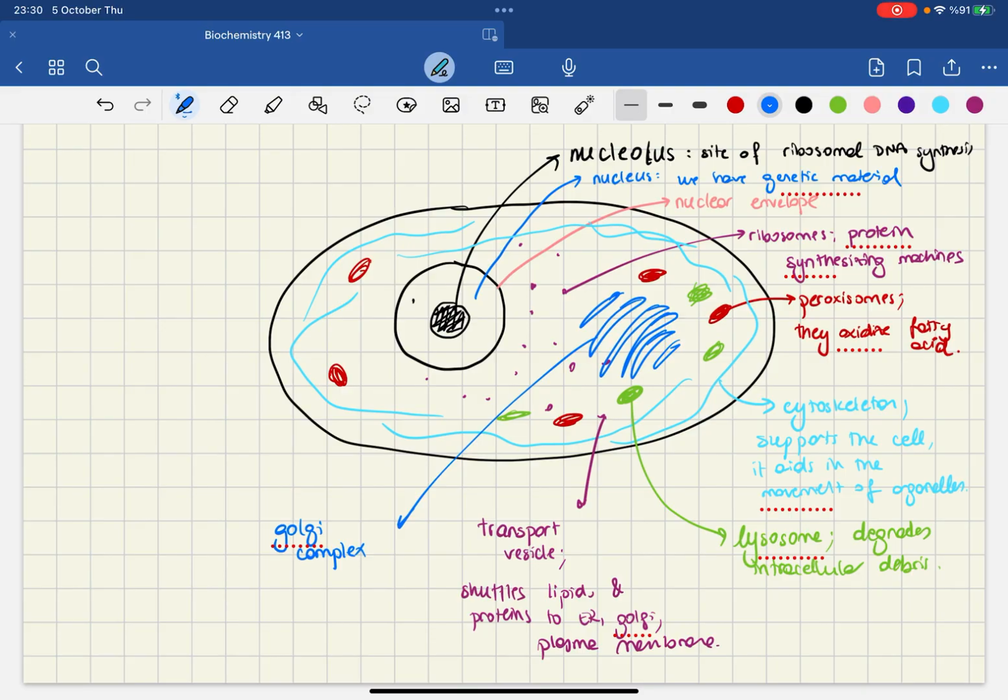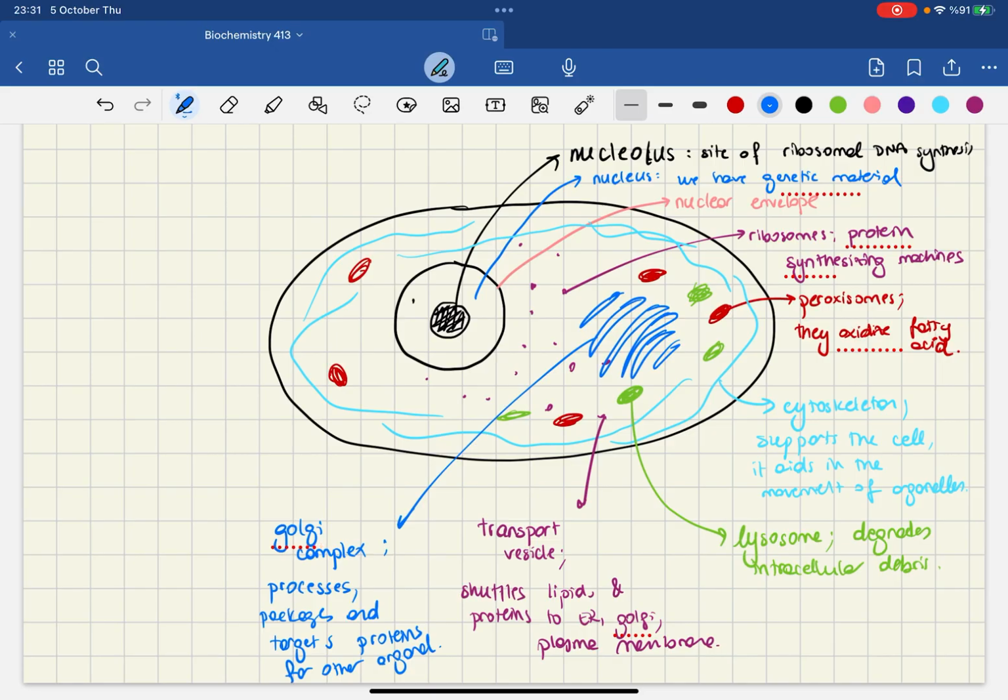It is basically a packaging organelle. Processes, packages, and targets proteins for other organelles.